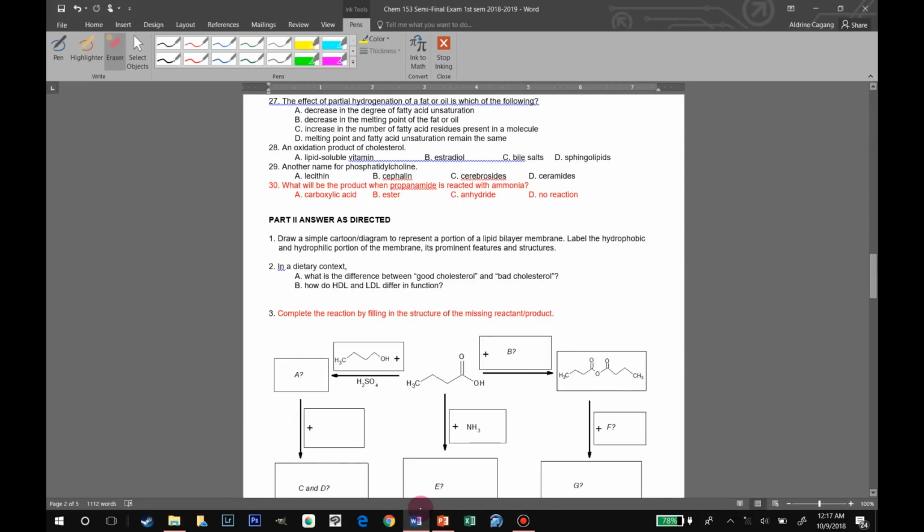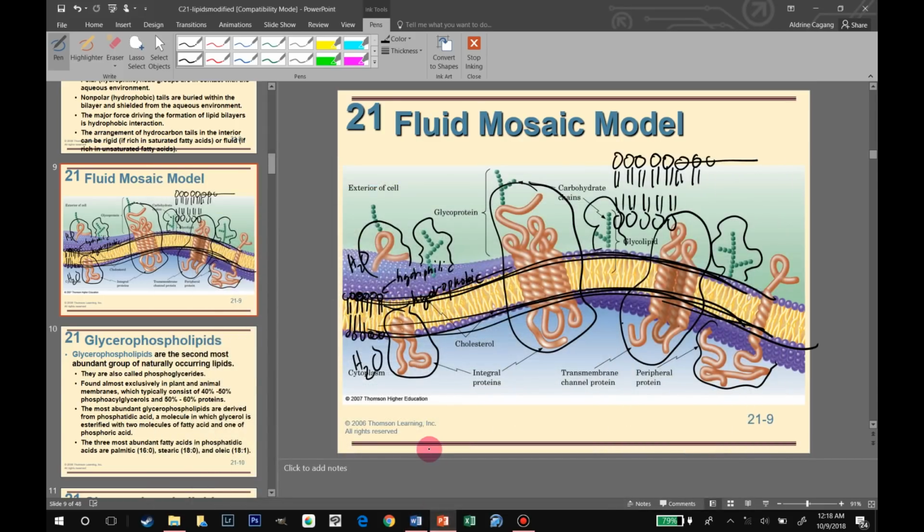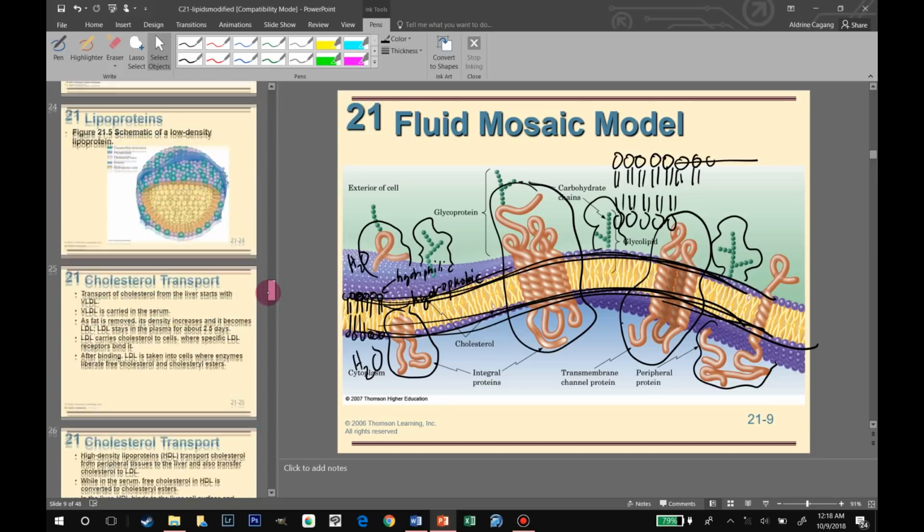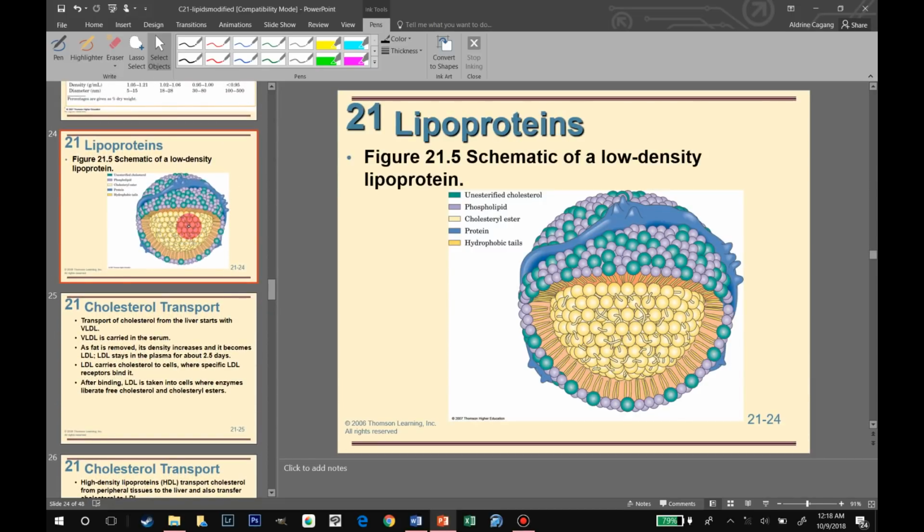Number 2. In a dietary context, you're being asked what is the difference between good cholesterol and bad cholesterol, and how do HDL and LDL differ in function. So this one pertains to the lipoproteins.